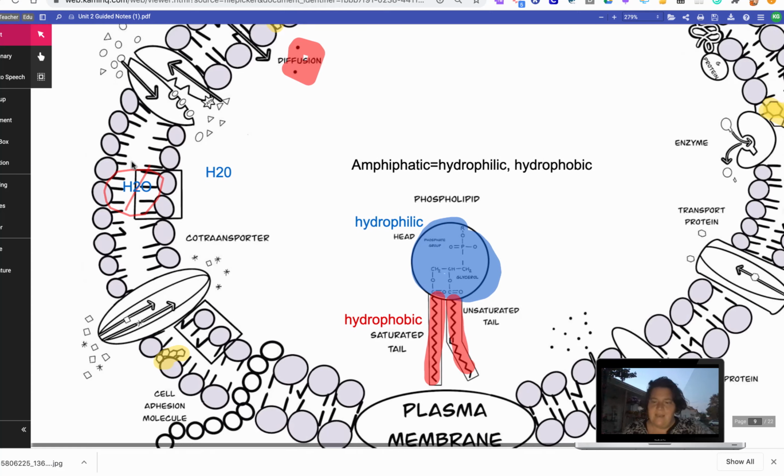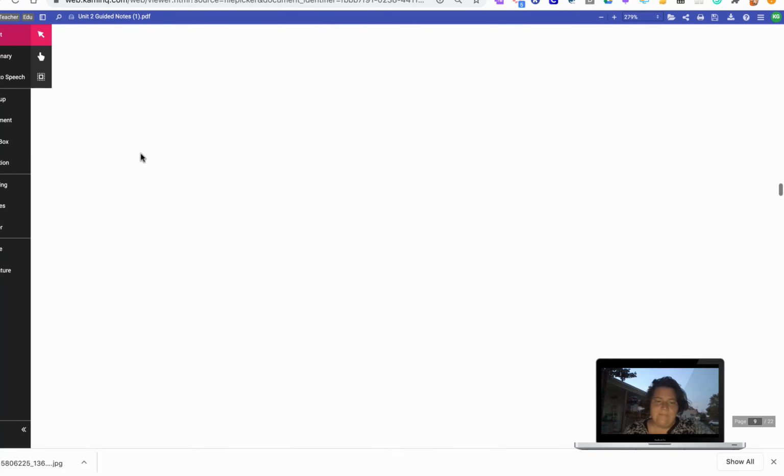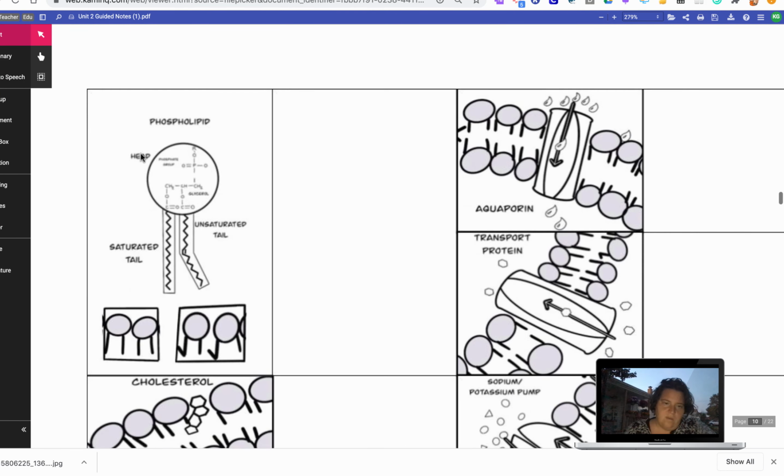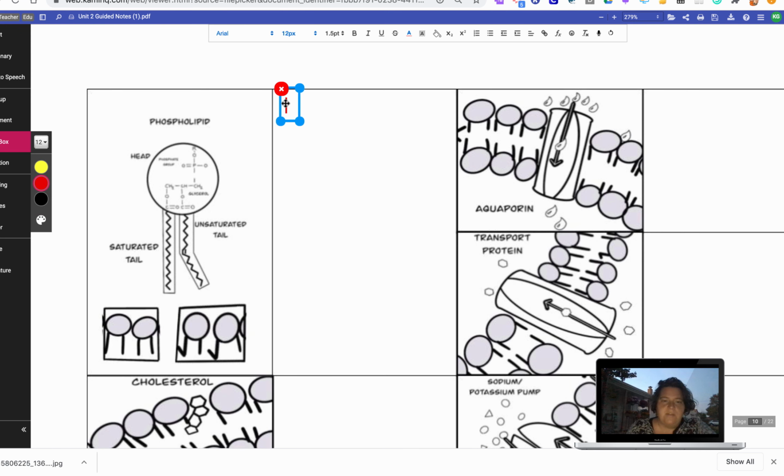All right, now that we see that all together, let me drop down to the ones here. Just to reiterate about the phospholipids, they are the major components of the plasma membrane.